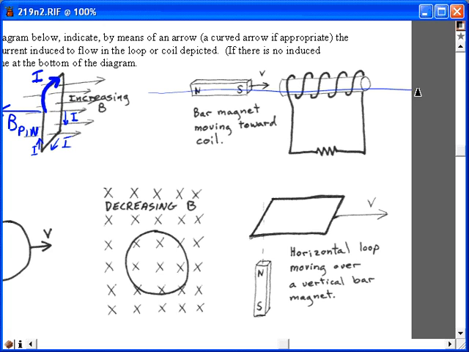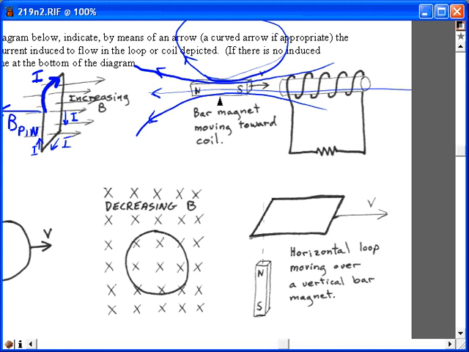Magnetic field lines, I'm not going to draw a perfect diagram here, but we've got mag field lines extending out of the North Pole, looping around, coming in the South Pole.